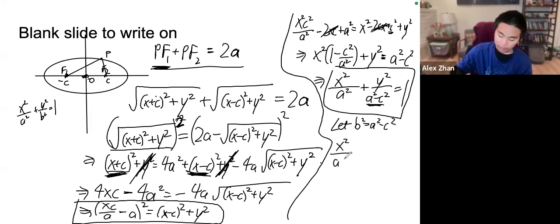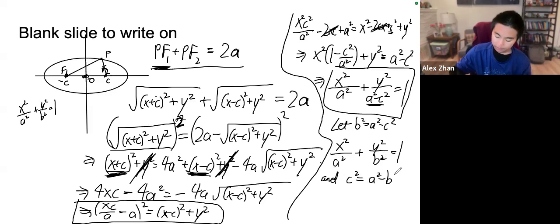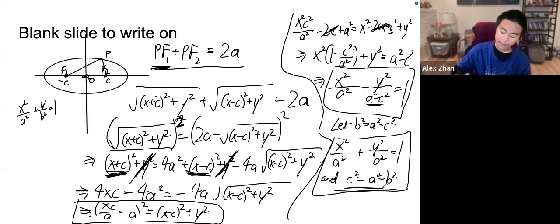Then we have x squared over a squared plus y squared over b squared equals 1, and c squared equals a squared minus b squared. So this is also why the focus of the ellipse is at the point square root of a squared minus b squared. I hope you understand how we go from this initial definition of ellipse and derive the formula for the entire ellipse just based on the foci and the sum of distances.